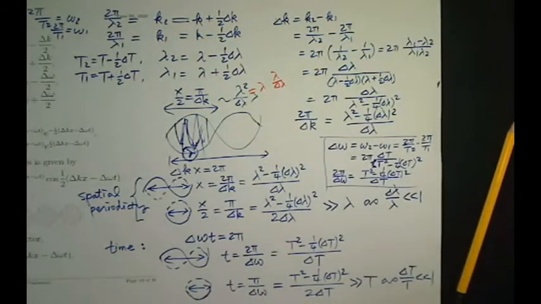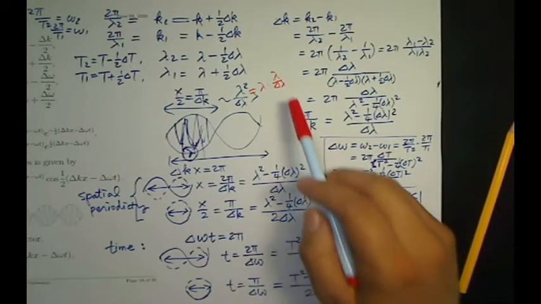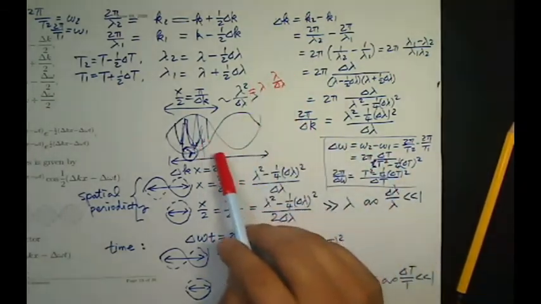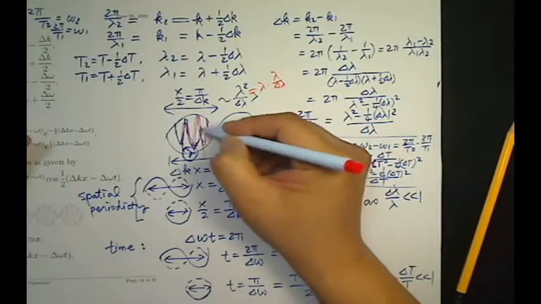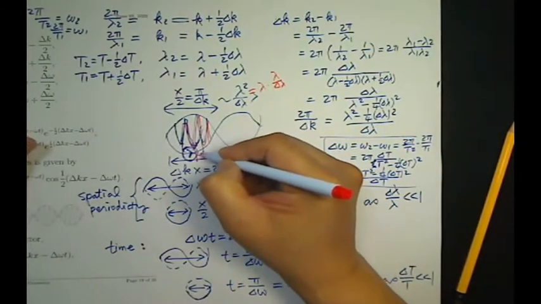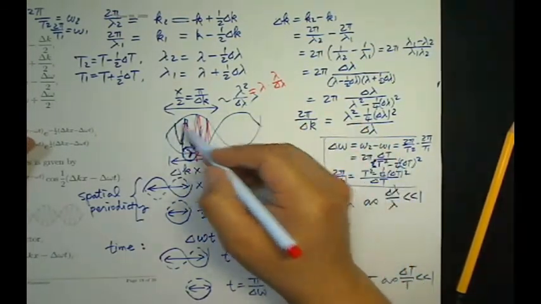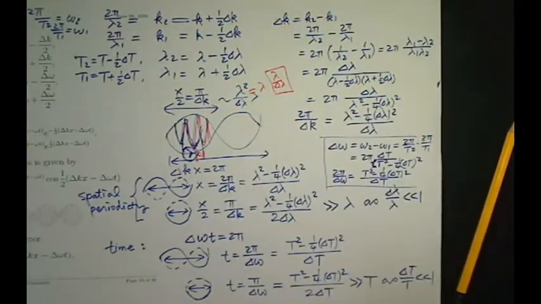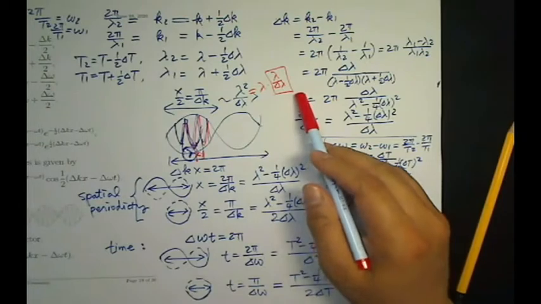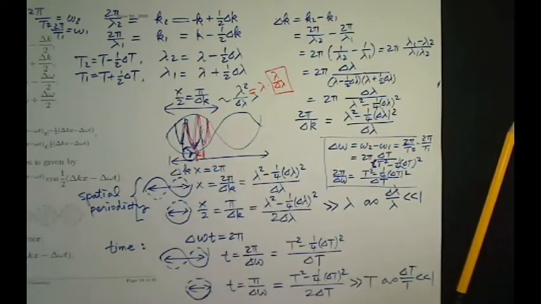Therefore, the original wavelength inside the wave packet is lambda, and this one is much longer because lambda over delta lambda is much greater than 1. The width of the wave packet is much greater than the original wave that generates the phase velocity.